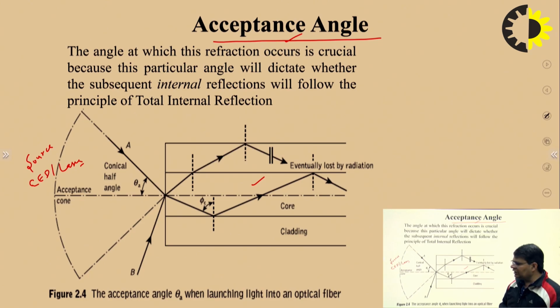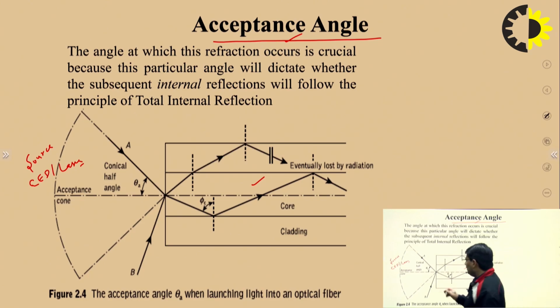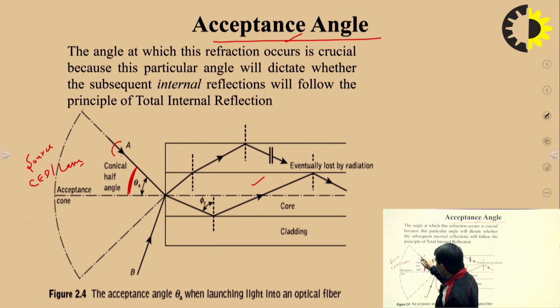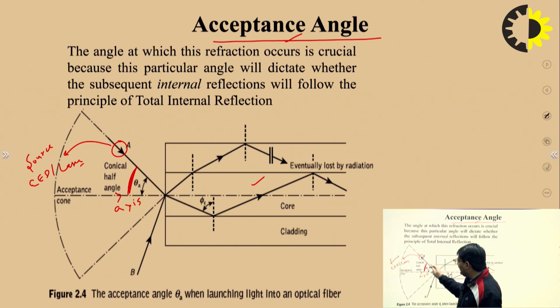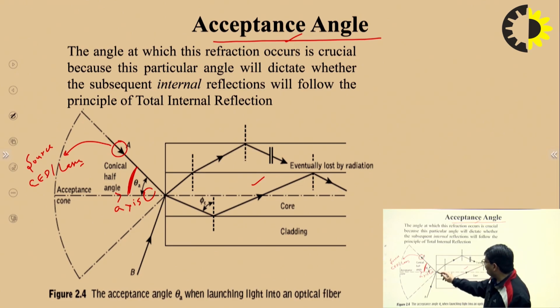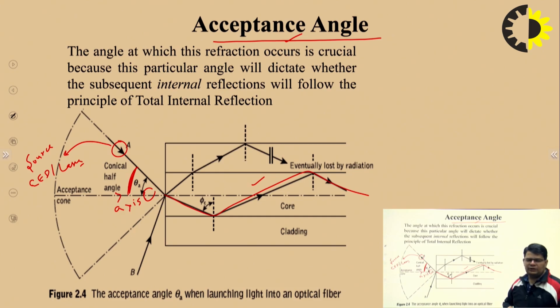So acceptance angle is nothing but the angle which the light from the optical source makes with the axis of the fiber. It is the maximum allowed angle which the light entering into the fiber makes with the axis of the fiber, so that inside the fiber TIR can be followed and light can be propagated.